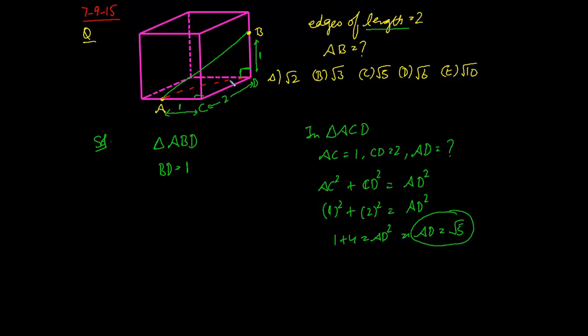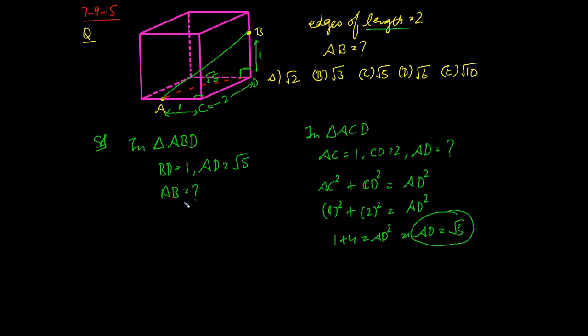So now we have two lengths, this is 1 and this is root 5, we need to find this. So now in triangle ABD, we know that BD is equal to 1, we know AD is equal to root 5 and AB is to be calculated.